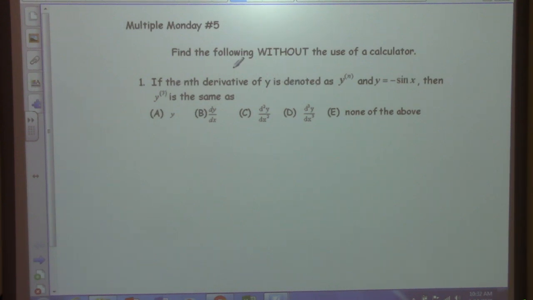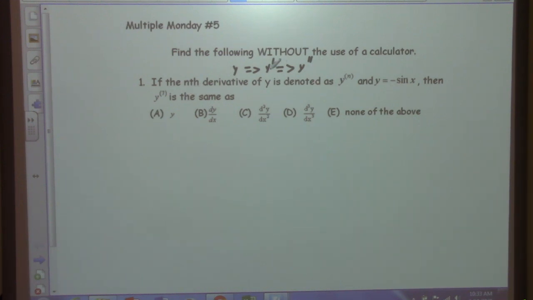This would be like y first, the next would be y prime, the first derivative, and the next would be y double prime, which we're familiar with. So what you're doing is taking this derivative 7 times to get to something.